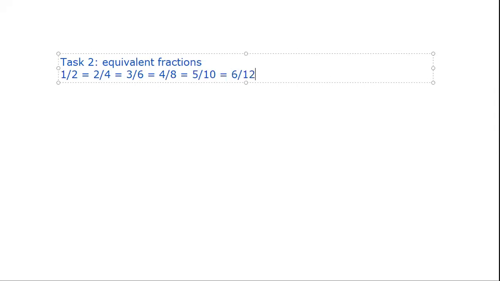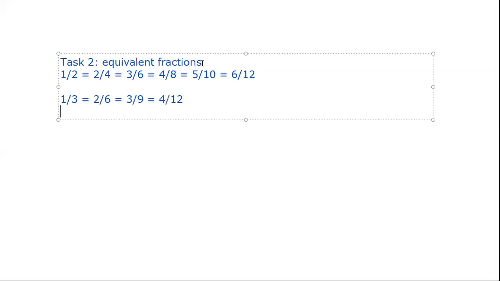Obviously we stop there because when you are making the fractions, the fraction kit doesn't go beyond 12. Now let's look at 1/3. It can be made with 2/6, with 3/9, with 4/12, right?